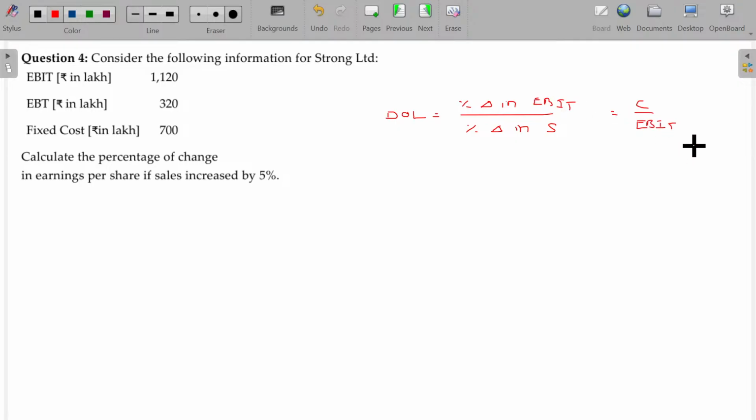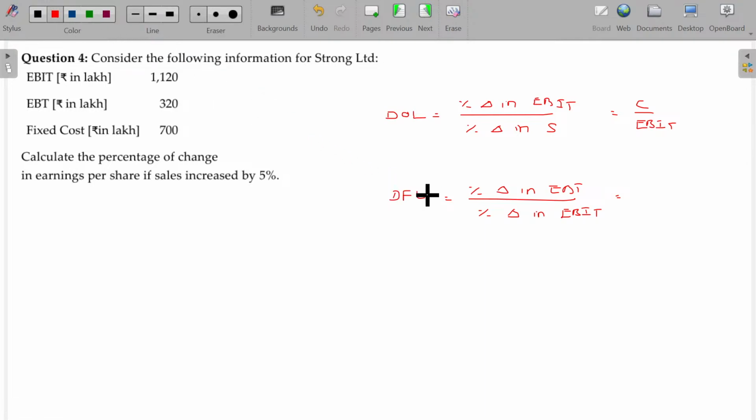The numerator EBIT becomes the denominator value. Degree of financial leverage formula being percentage change in EBT divided by percentage change in EBIT. I'm talking about financial leverage.